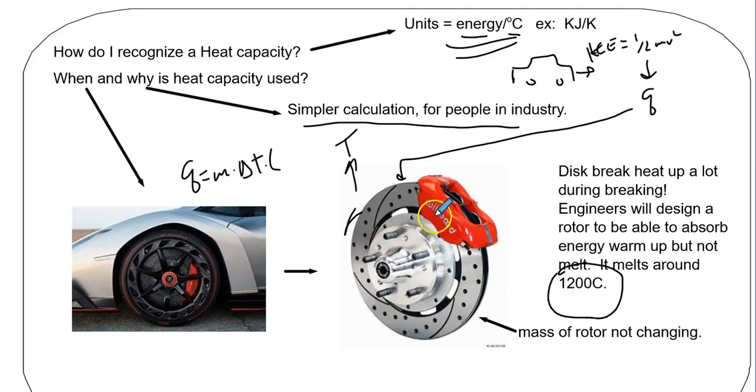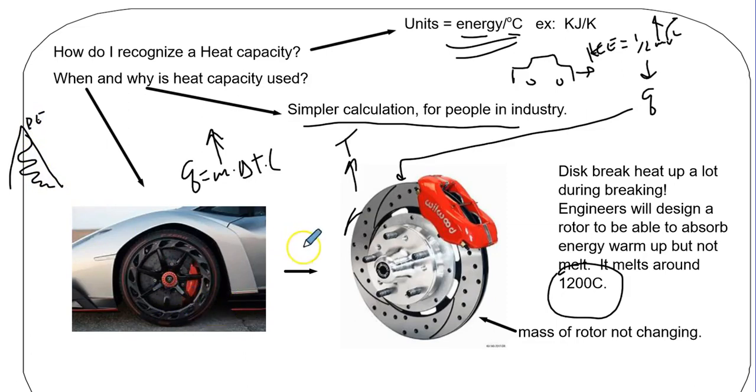So you need to make sure this is large enough, even in the worst conditions of braking, based on the mass of the car and the velocities that you're generally traveling, even at extremes. Where you might see this really have a problem is when you're up in a mountain driving down a mountainside. That's a lot of potential energy, and all you're doing is brake, brake, brake, and the brakes can get very hot.